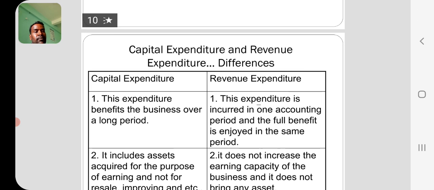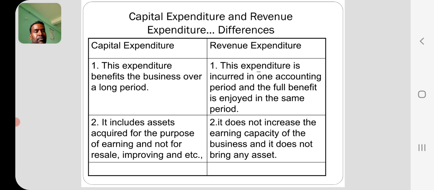See here some differences between capital expenditure and revenue expenditure. The first one: capital expenditure benefits the business over a longer period. Already we discussed capital means it is used for a longer period, more than 10 years, like that.